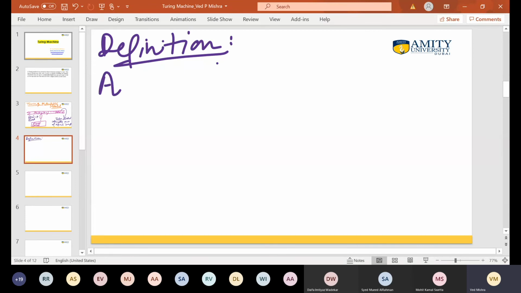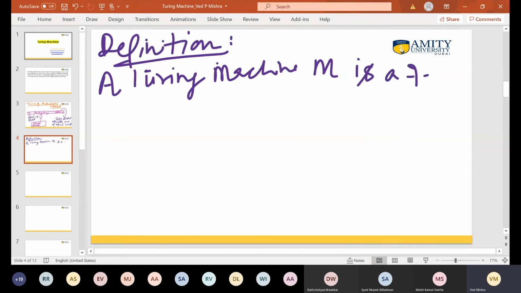A Turing machine M is a 7-tuple. How many tuples were there in the pushdown automata? In pushdown automata as well, 7 tuples were there.